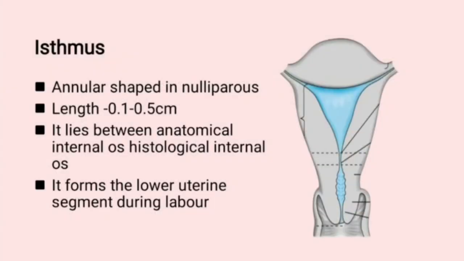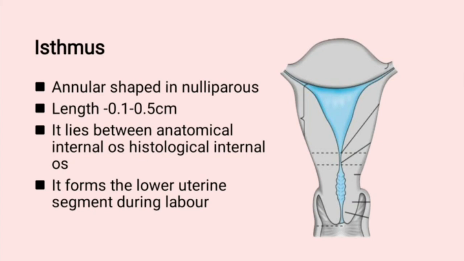Now the isthmus. The isthmus is annular shaped in nulliparous women. Its length is about 0.1 to 0.5 centimeter. It lies between the anatomical internal os and the histological internal os. Many obstetricians give importance to this isthmus because it forms the lower uterine segment during labor.